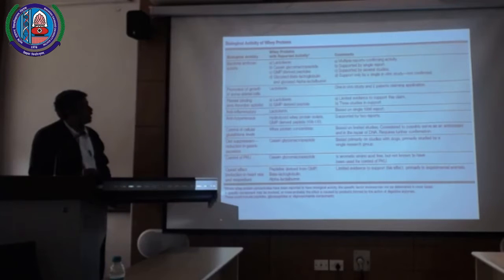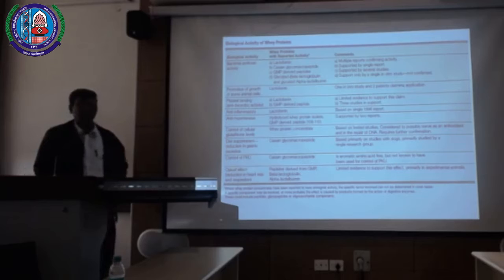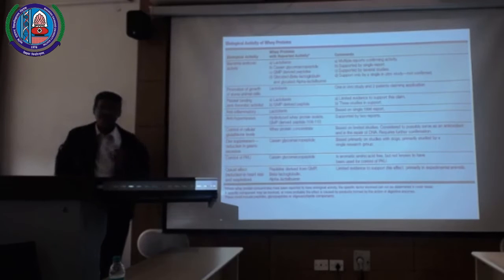Continuing, promotion of growth of some animal cells, lactoferrin, and opioid activity. I'll talk about opioid activity here, casomorphin, and nocturnal milk. If you go back to the calf, they drink different milk. If you compare the morning milk of a cow with the evening milk, just after sunset, the composition of milk is completely different.